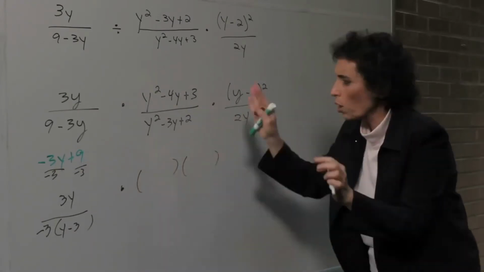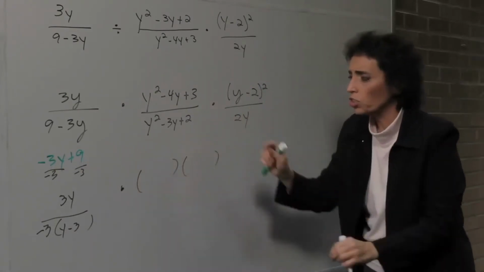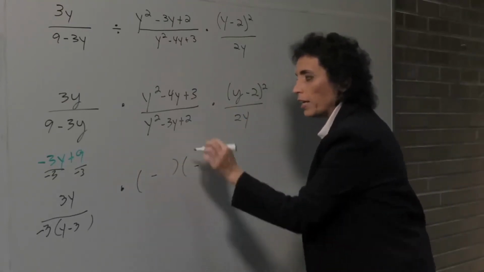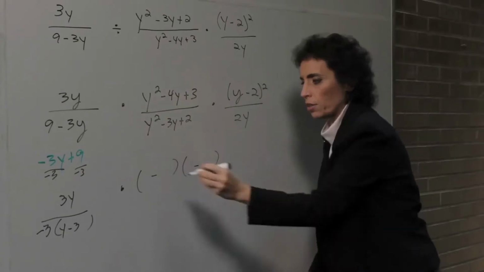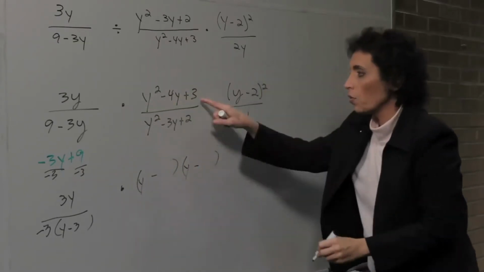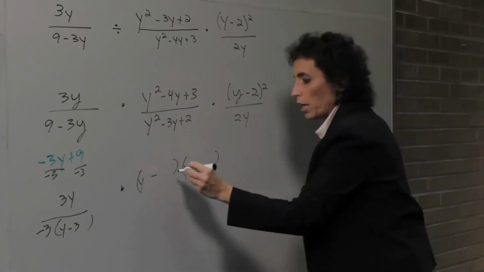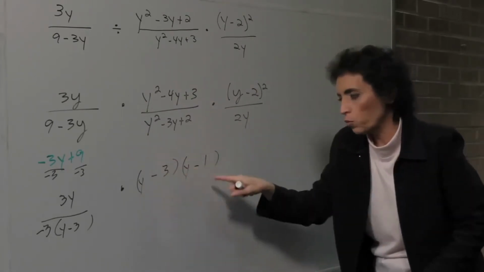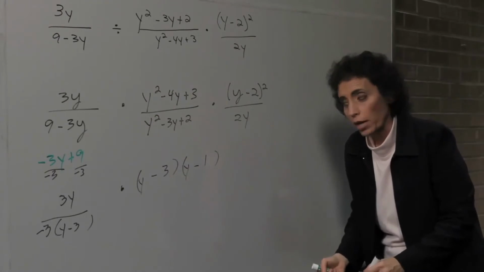We're in standard form. I checked for the GCF, no GCF. Everything's the same sign, they're both negative. Y squared is just y and y. For 3, I'm going to try 3 and 1. Negative 3y, negative 1y gives me my negative 4y.